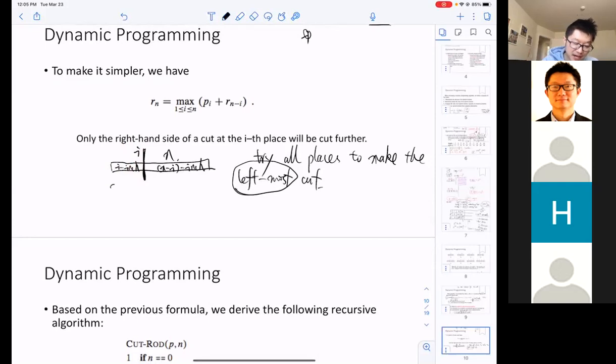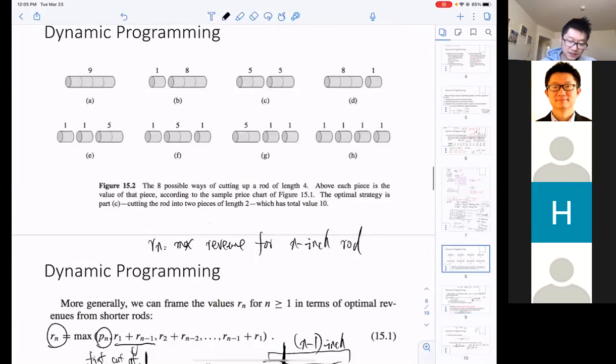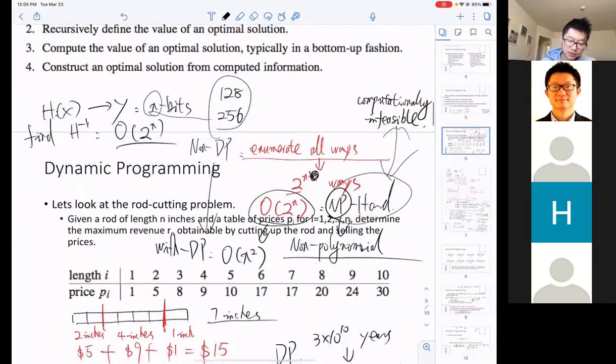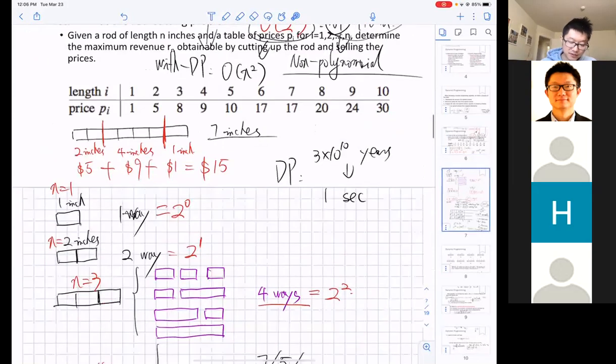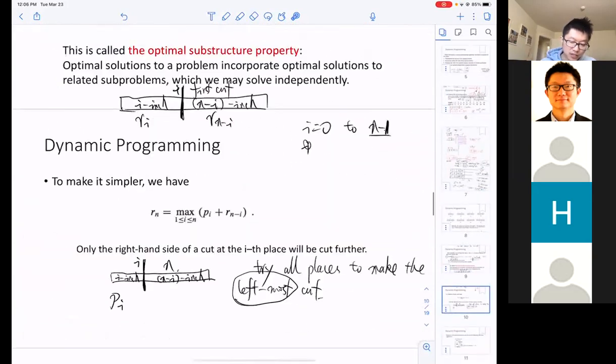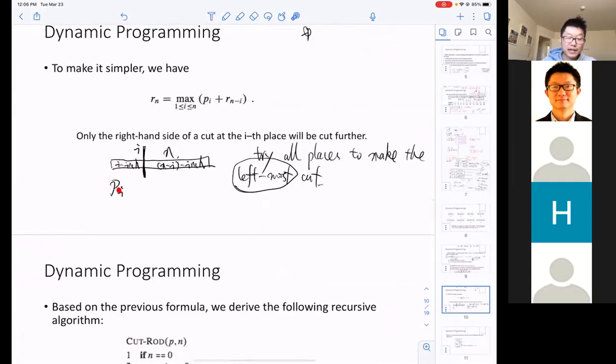It's basically Pi. P is the input array. So Pi stands for the money that you can make from selling a rod of length i inches without cutting it. Since we're not allowed to cut the left part anymore, we just sell it directly. If we sell it directly, this is the amount of money that we can make. Make sense?